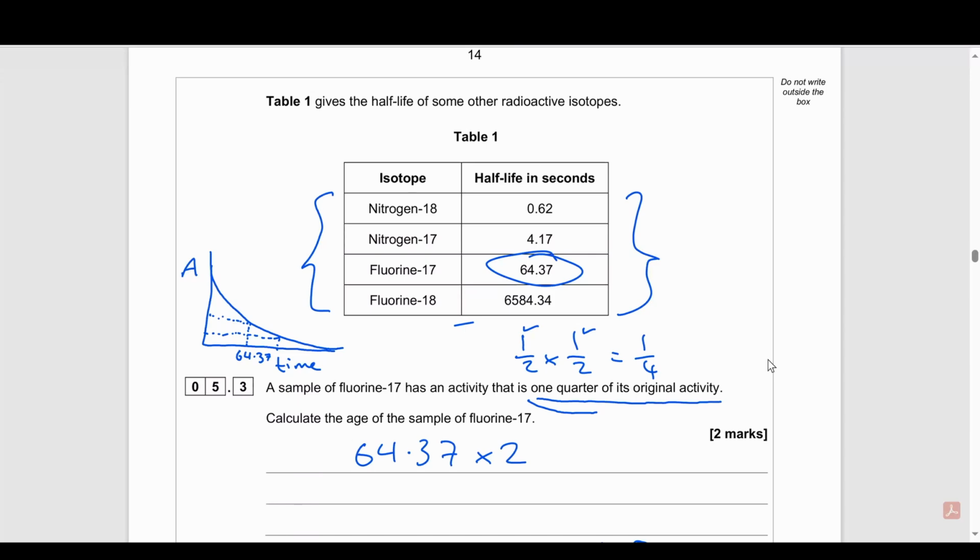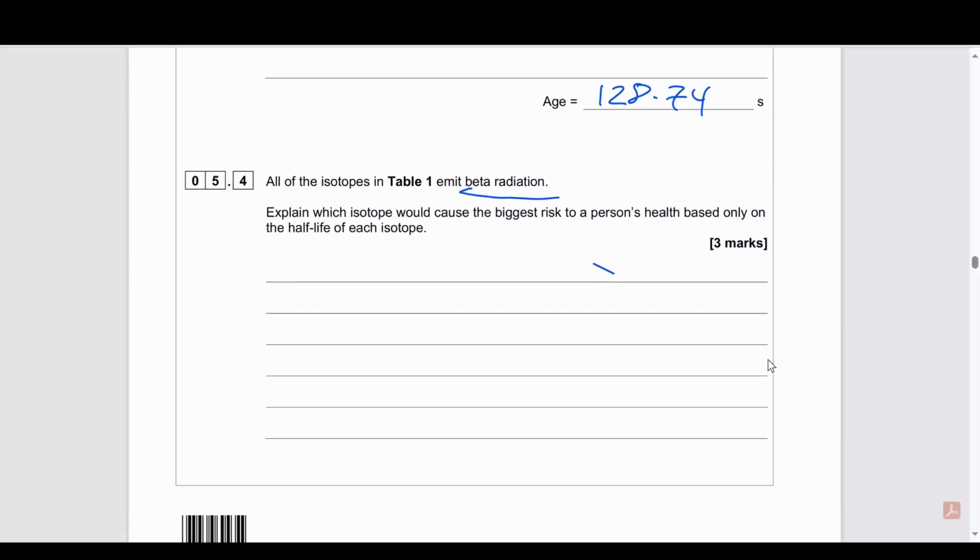What that's really saying is that whenever your radioactive nuclei start to decay, so let's use this dark circle as decayed nuclei now, they will be emitting beta radiation. And that is not good for a person. So realistically, the quicker the nuclei decay, the more dangerous it's going to be.